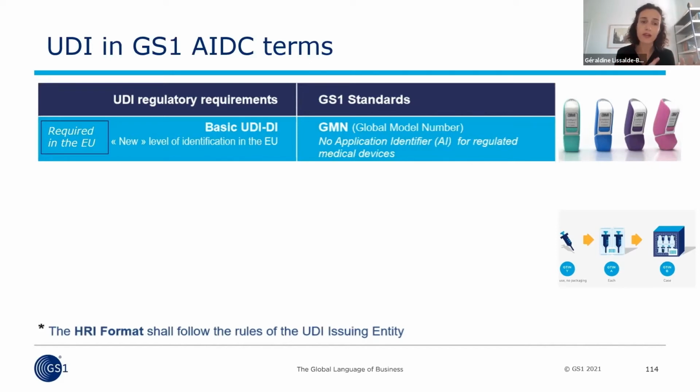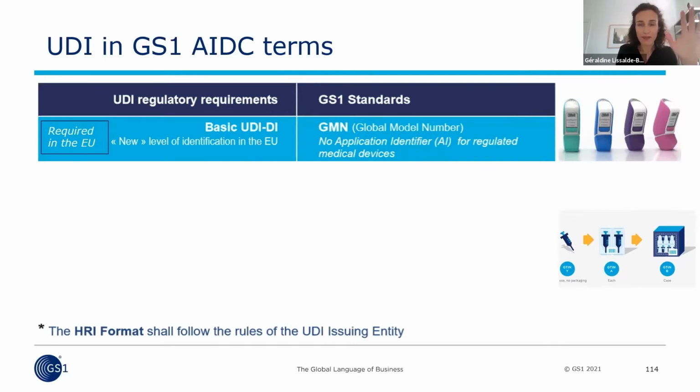Be careful, the serial number, contrary to pharma, and I saw a few parallels drawn with the FMD, the serialization is not mandatory for a medical device, so it's not always required to apply a serial number next to your GTIN for medical device. You find it in most cases for implants. And so at the very bottom of this table, you would have had the GTIN plus the application identifiers that we have in the GS1 system equal the UDI requirements.